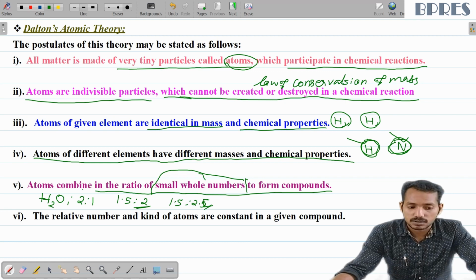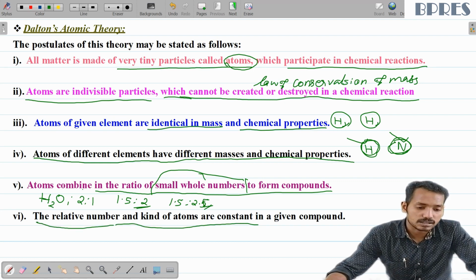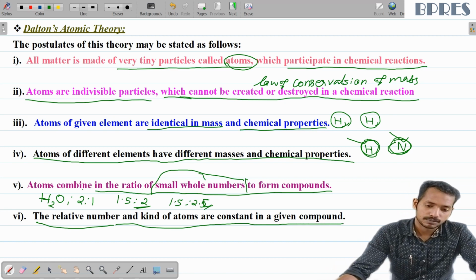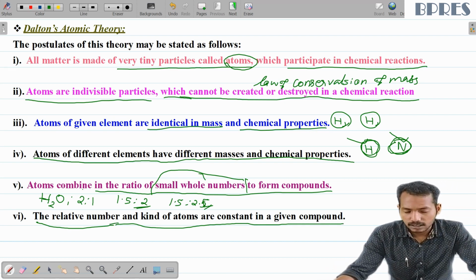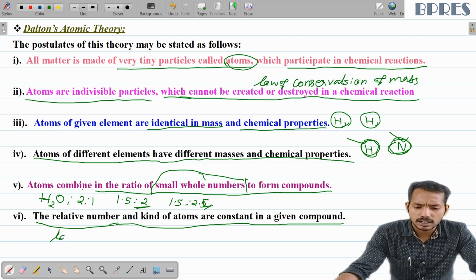And the last postulate is that the relative number and kind of atoms are constant in a given compound. What does it mean? It is nothing but a modified form of the law of definite proportions.